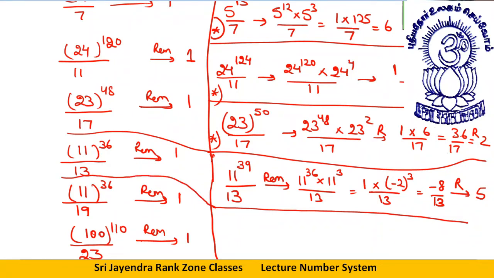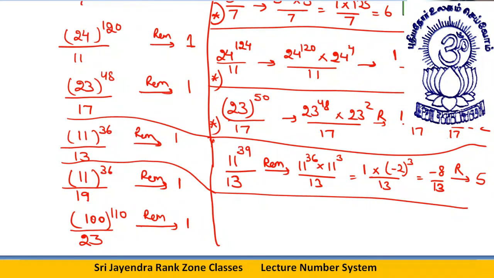Next example. I think we are fine. I'll do one more. 11 raised to power, instead of 36, I take 38 divided by 19. Now this can be a bit lengthy. Let me move to the next page. I can say 11 raised to power 36 is 1.